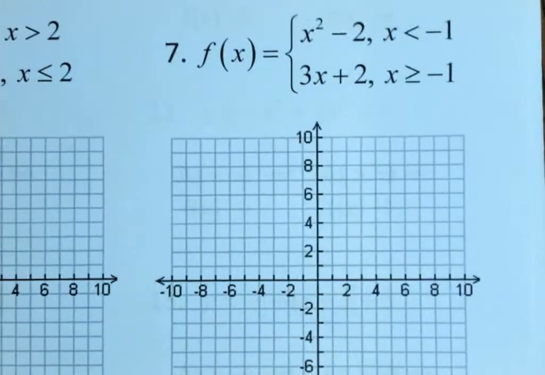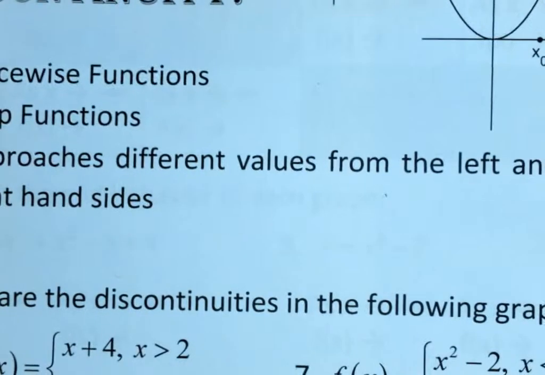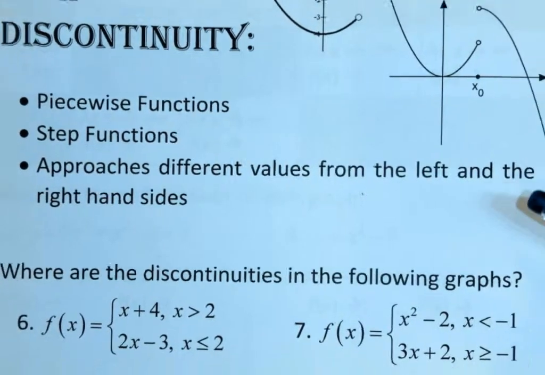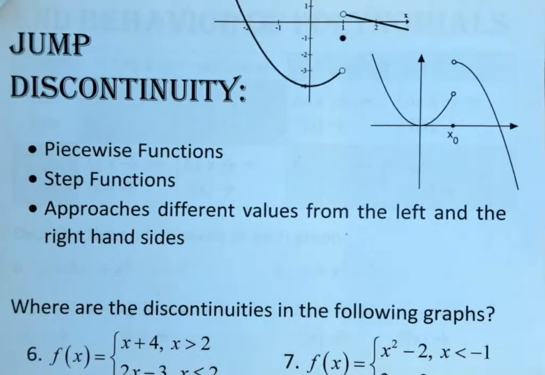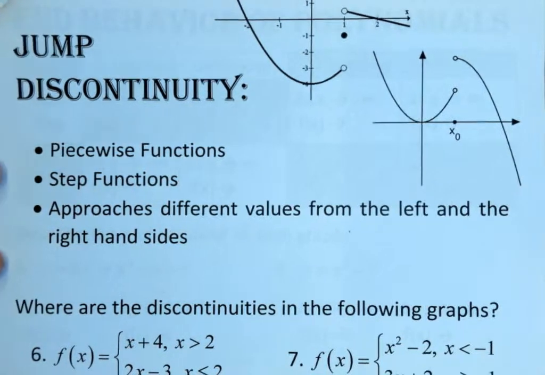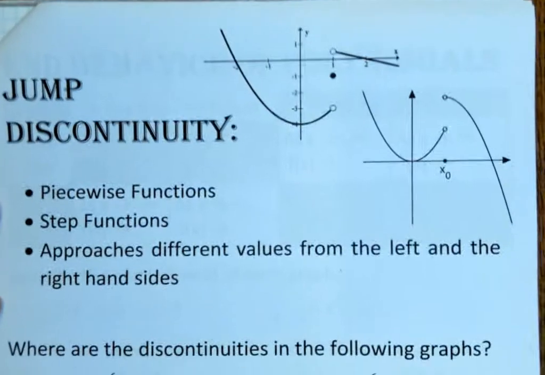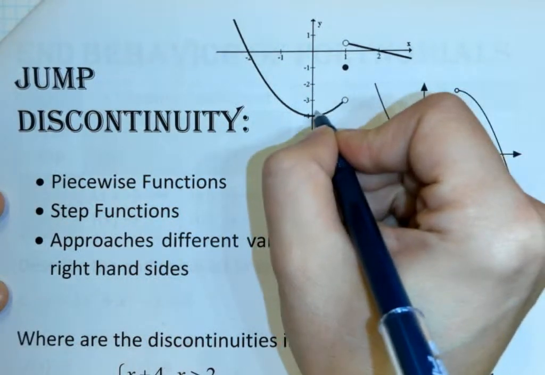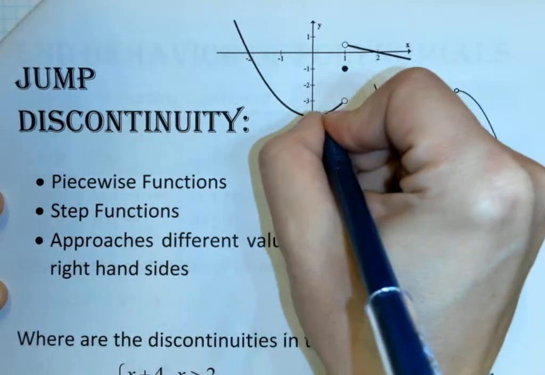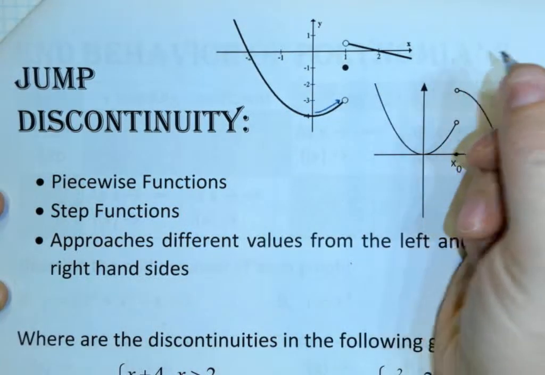All right. Our last discontinuity does happen in all sorts of different functions. We normally see them the most in piecewise functions, but step functions are also just a whole bunch of jumps. It's basically all that is. So, a jump discontinuity by definition is when I'm coming from the left. If I look at this graph, from the left, what number am I approaching?